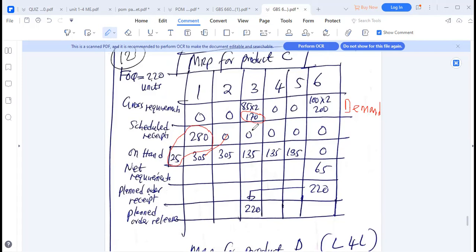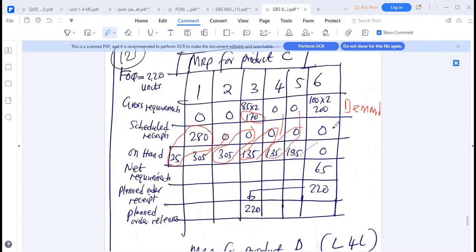So we're adding these two, then minus the demand, because this is the stock available: scheduled receipts from the suppliers plus on hand, minus a demand of 170, we're still remaining with 135. 135 plus 0 minus 0, we're still getting 135. 135 plus 0 minus 0, you're still remaining 135.